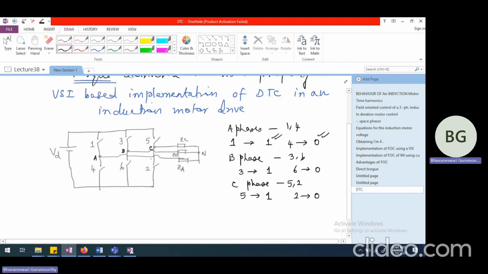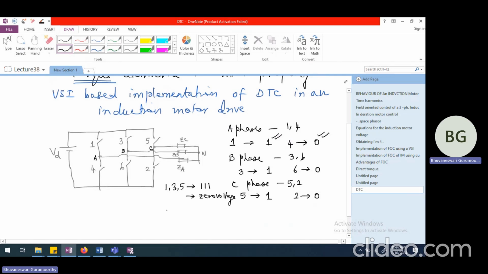So if, by chance, 1, 3, 5 are all closed, literally 0 voltage is applied across the induction motor. If I say 1, 3, 5 closed, then I'm going to have 1, 1, 1 as the position. This is 0 voltage applied across the induction motor.